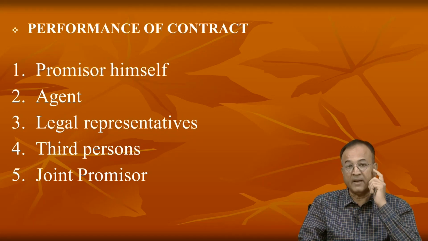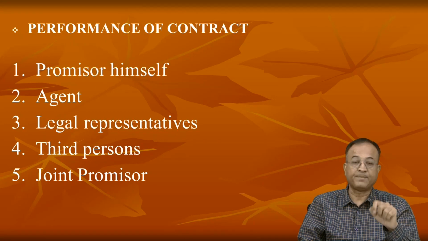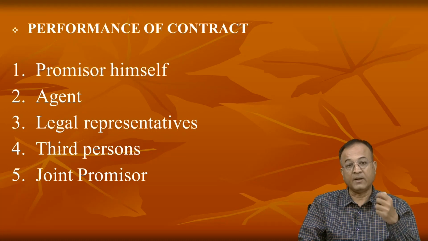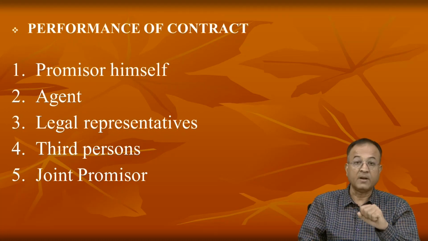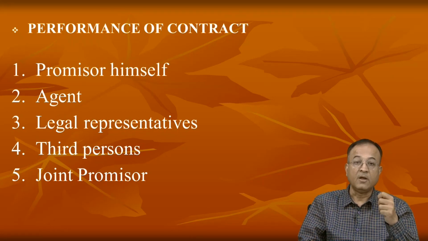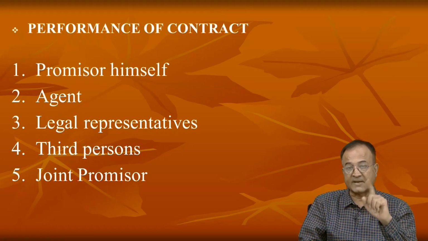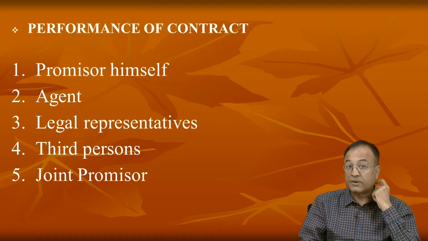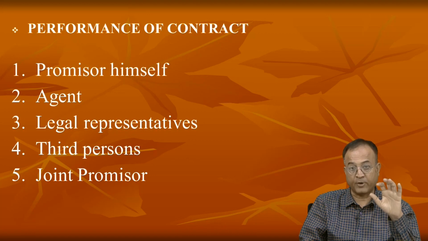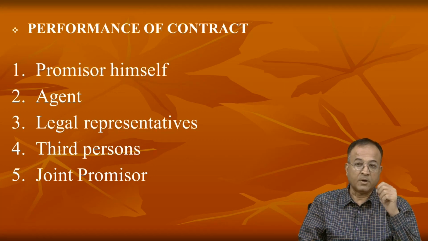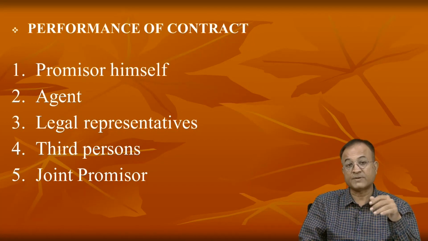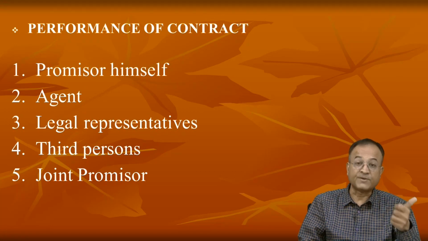As regards any other contract, the legal representatives of the deceased promisor are bound to perform it unless a contrary intention appears from the contract, under Section 37. Fourth, third persons. When a promisee accepts performance of the promise from a third person, he cannot afterwards enforce it against the promisor.